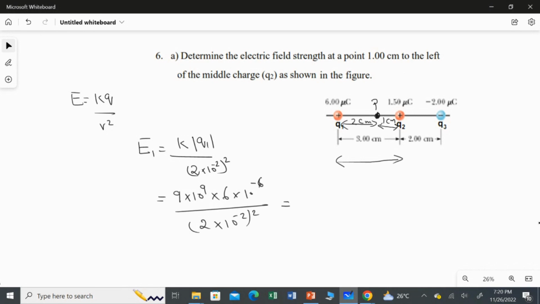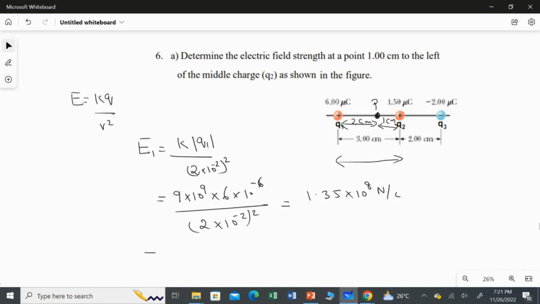Let's see what's the answer for E1. I got 1.35 multiplied by 10 power 8 Newton per Coulomb.